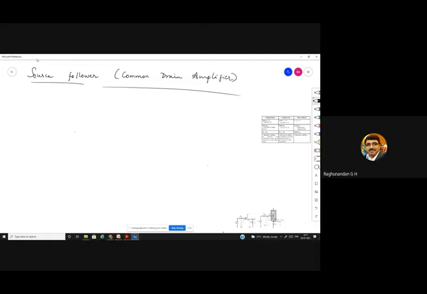If you take the example of a BJT, I'm just taking the CE configuration to give you an example. Even though it is a CE configuration, if you take the output across the emitter, then it will act like an emitter follower.